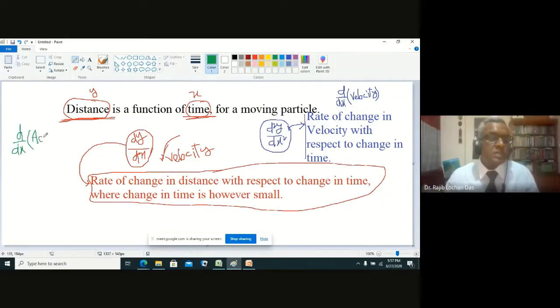So d/dx of acceleration, from the original one, that is the starting one, is actually the third derivative. From y equal to f(x), from the original distance-time relationship, it is called the third derivative, but it doesn't have any name. Anyone knows the name for this? Do you have a name in physics for this?